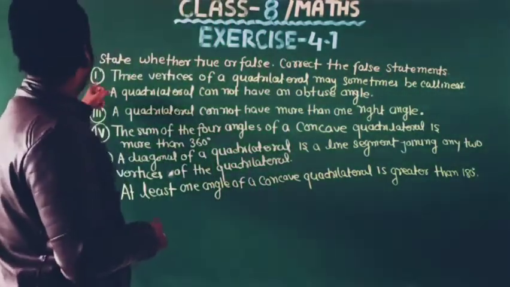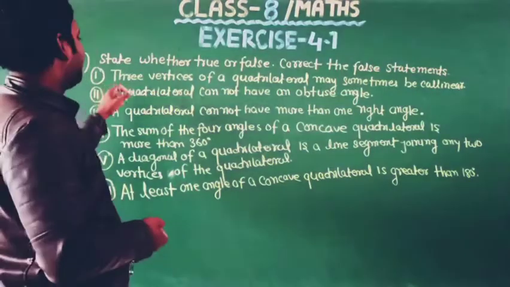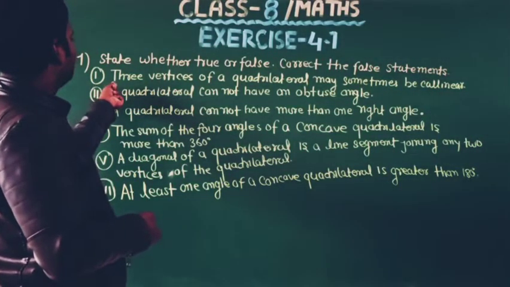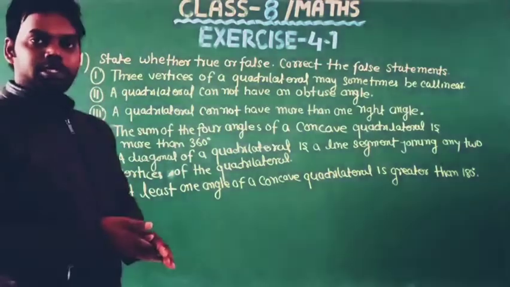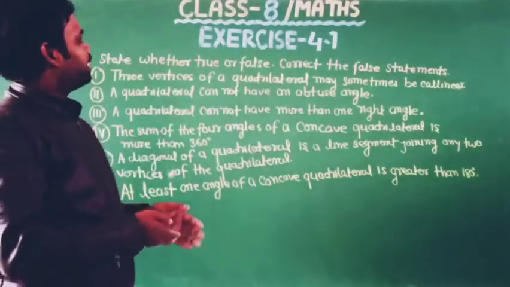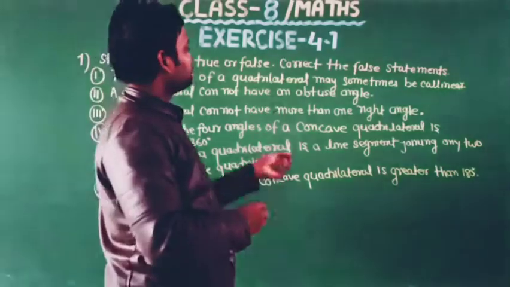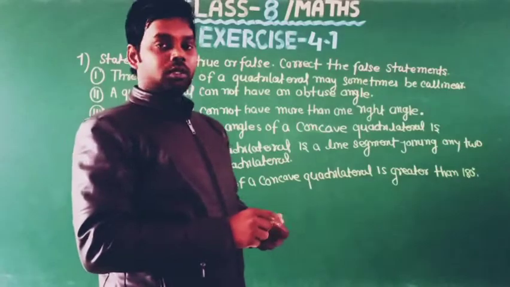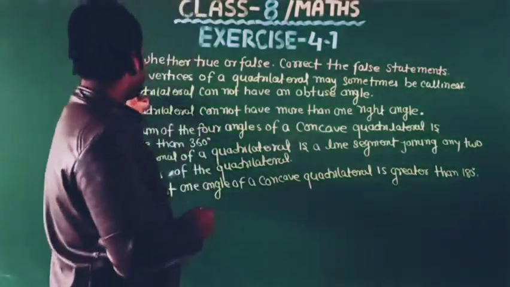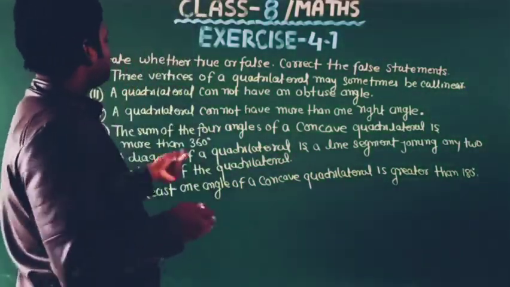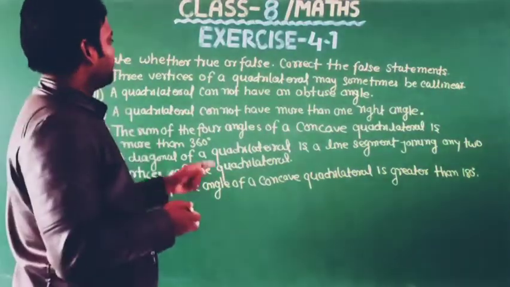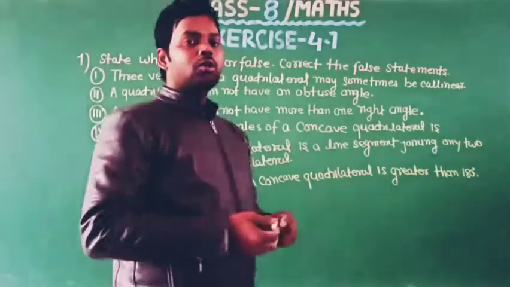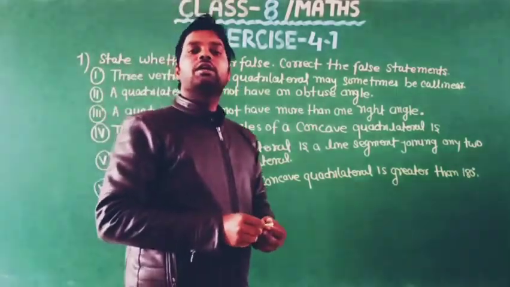The first statement is: given three vertices of a quadrilateral may sometimes be collinear.